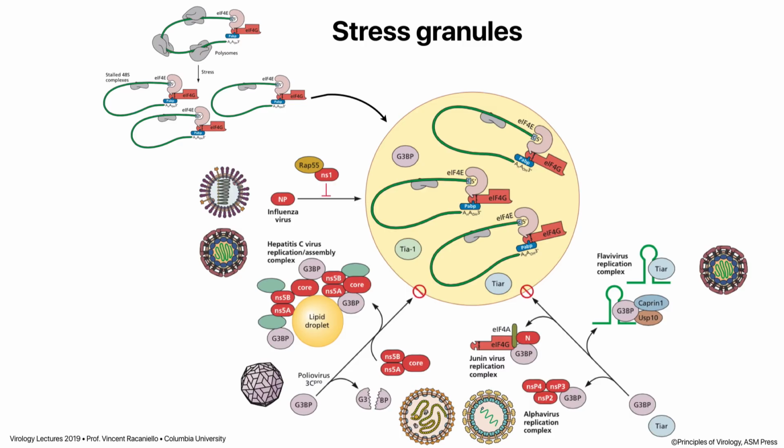You can see them as little punctate assemblies in the cytoplasm, and there they are not translated. So the idea is let's put all the RNAs in these granules, shut them down until maybe things get better.